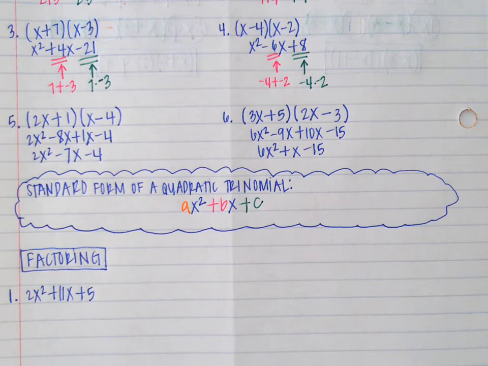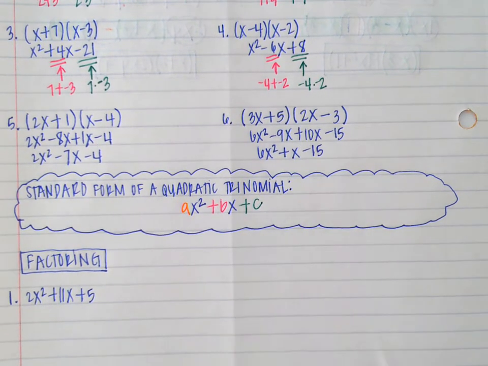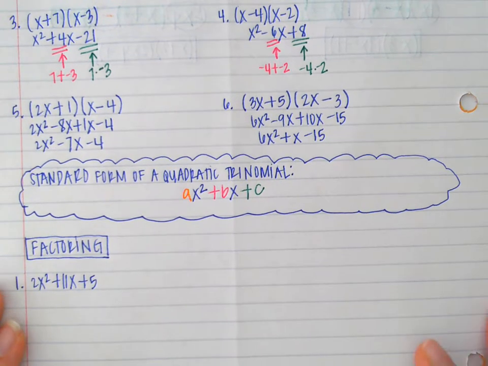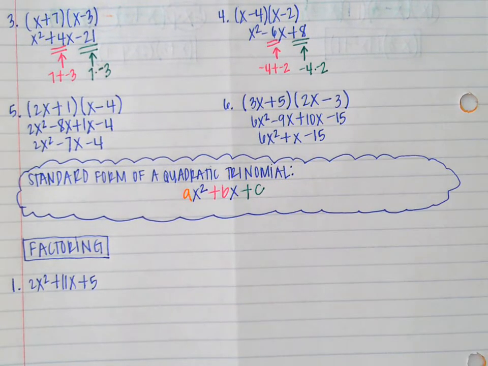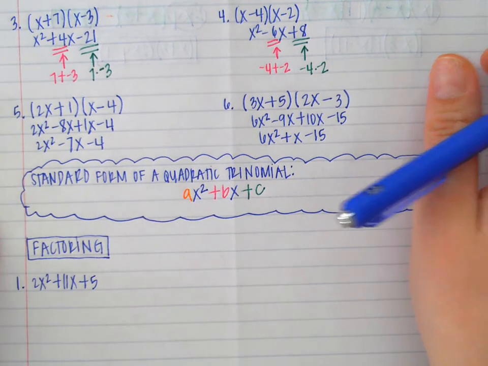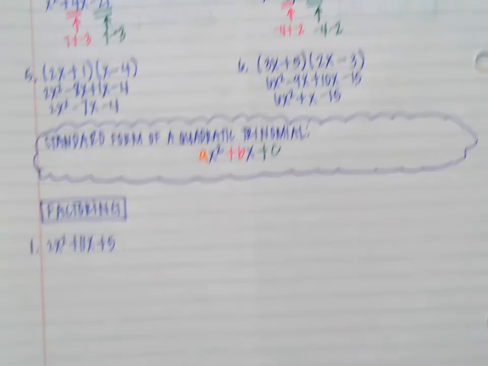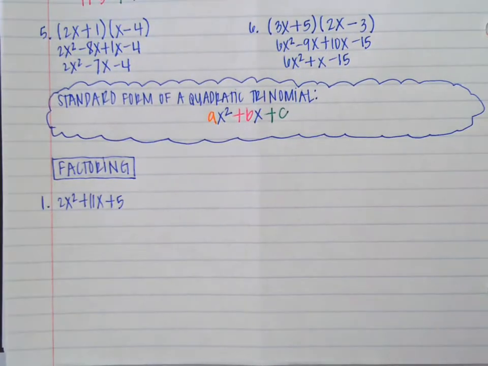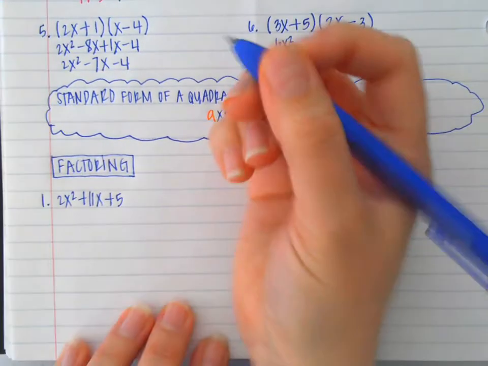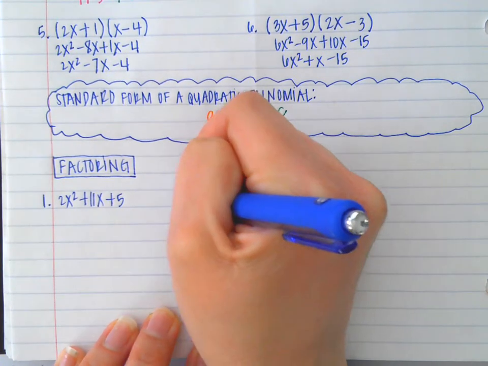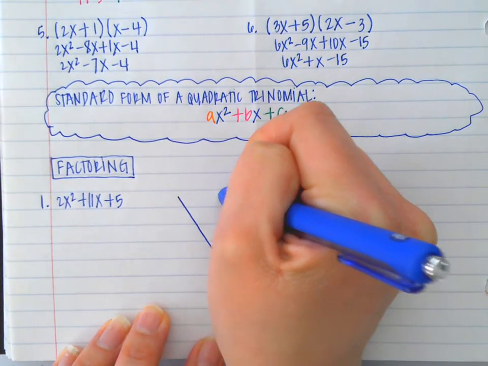So to take that into consideration, what we do is we always start with, some people will call it the magic X. I don't, I just call it the X method. But there are a lot of different ways that you can hear it. What we do is we set it up. I draw kind of like a big X.